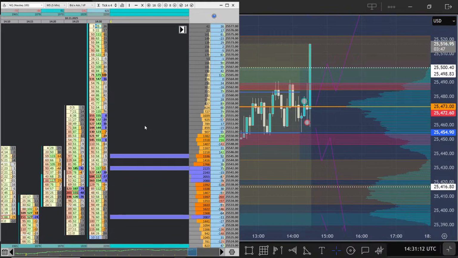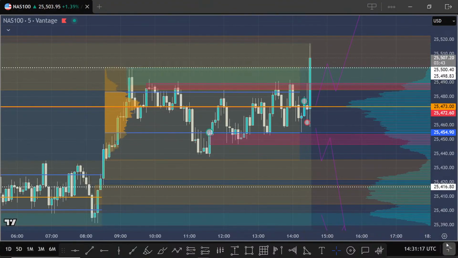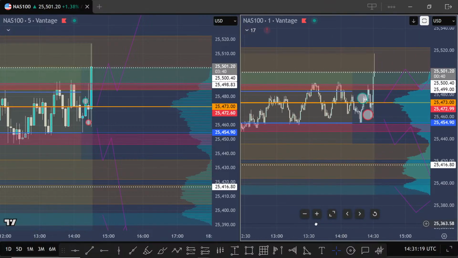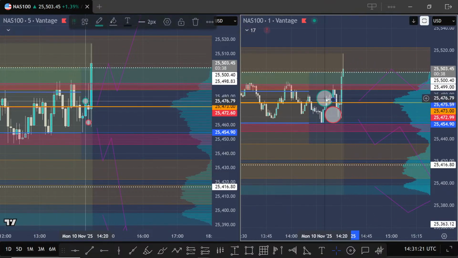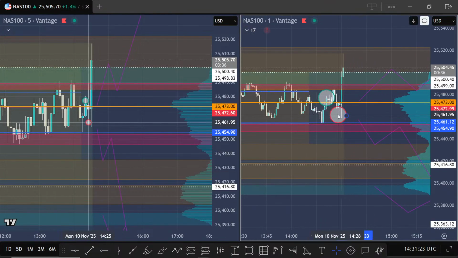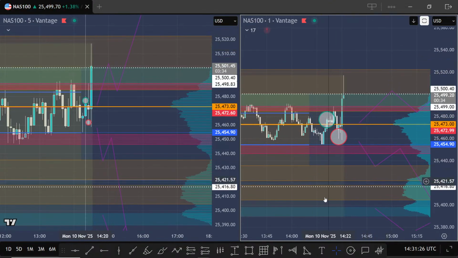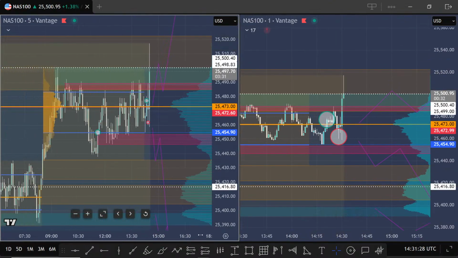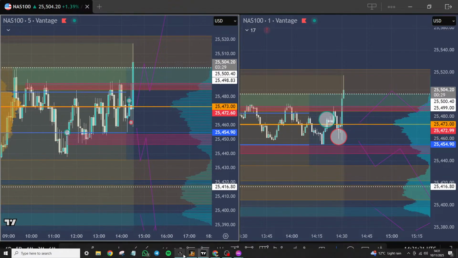Cool. So that's come straight out of our value area. Let's see if we, so far that looks like a wick.